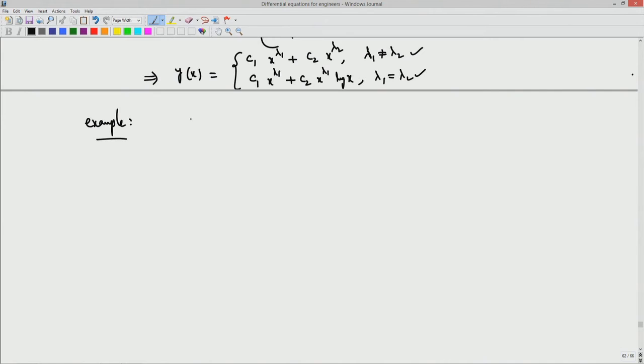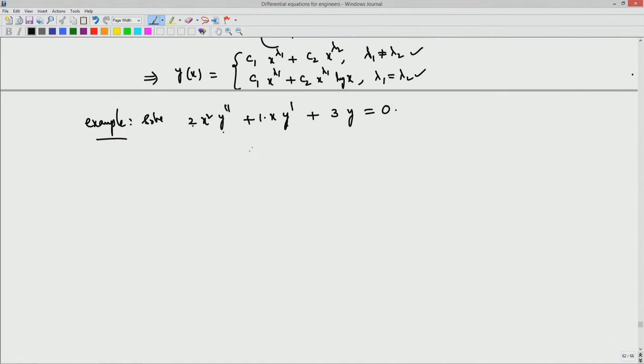Simply take 2 x square y double dash plus x y dash plus 3 y equal to 0. How do we solve this? You can see the second derivative has coefficient x square, the first derivative has coefficient x, and the zeroth derivative y has a constant coefficient. So we have constants 2, 1 and 3.